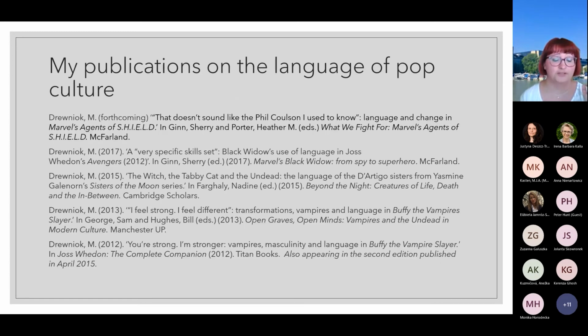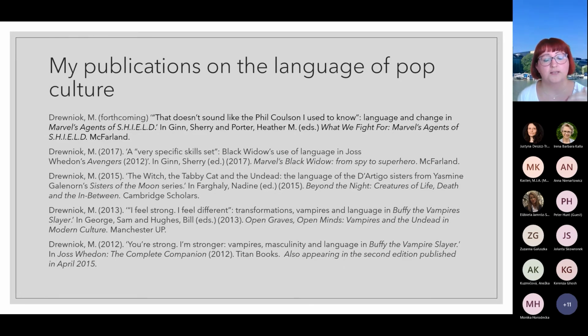An example of what you can do is what I've published, but this is just to show you what texts could be looked at. And it could be looked at together with the literary text you're looking at. The bottom two are from my PhD about Buffy. These are chapters, and then the middle one, 2015, is on a series of paranormal romance books. It's about narration, so it's very narratology focused.